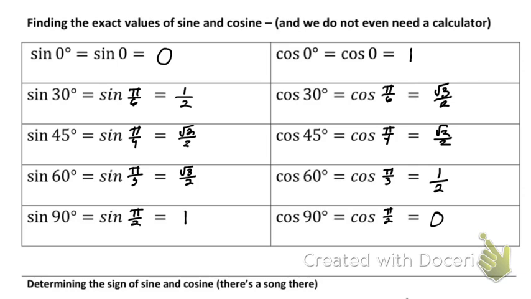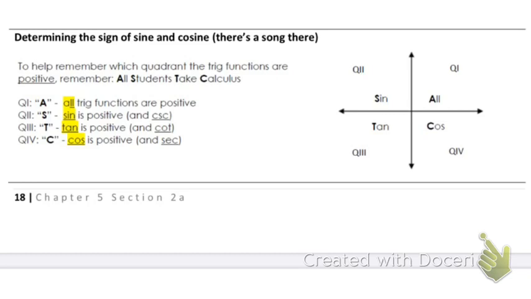All right. You need to know this as well. You need to know all students take calculus. All students take calculus. It will tell you what's positive and what's negative and what particular quadrant you're in. So let's look at what's going on here.